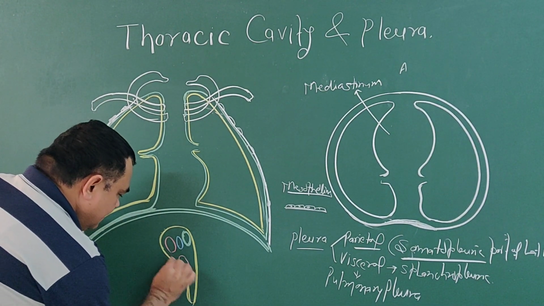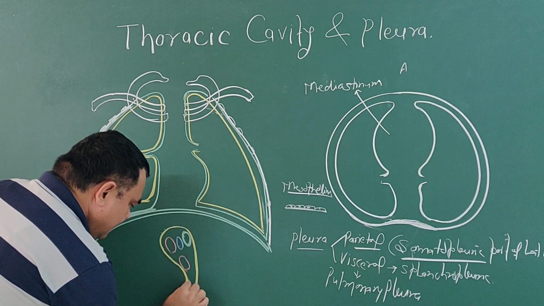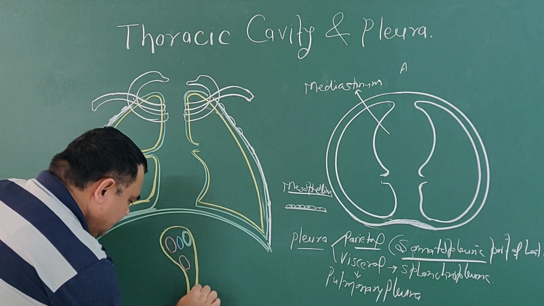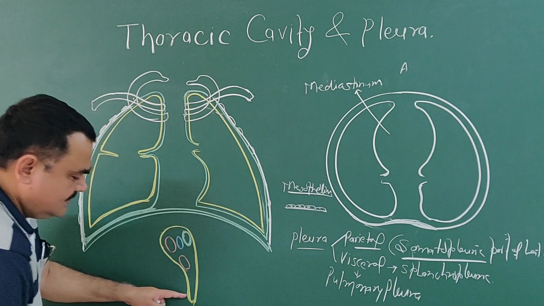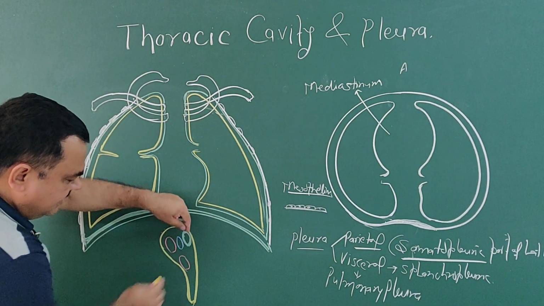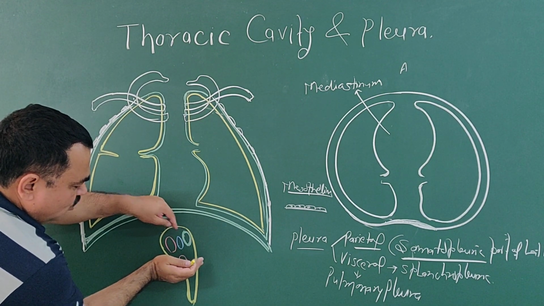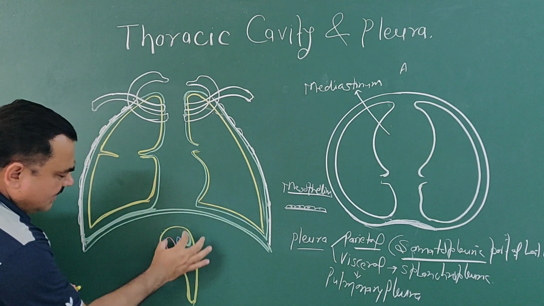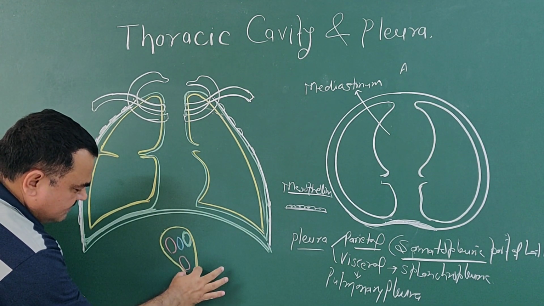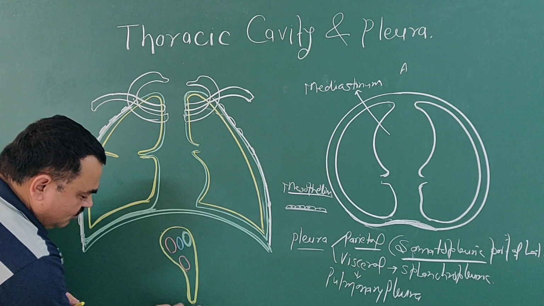This layer here folds inferiorly, or extends beyond the root of the lung. This is the root of the lung, and these foldings extend inferiorly beyond the root of the lung.